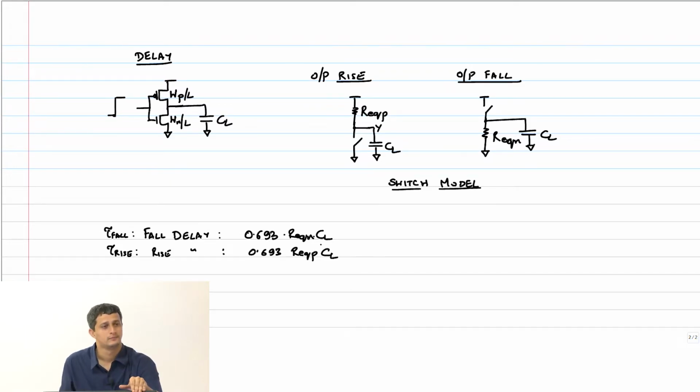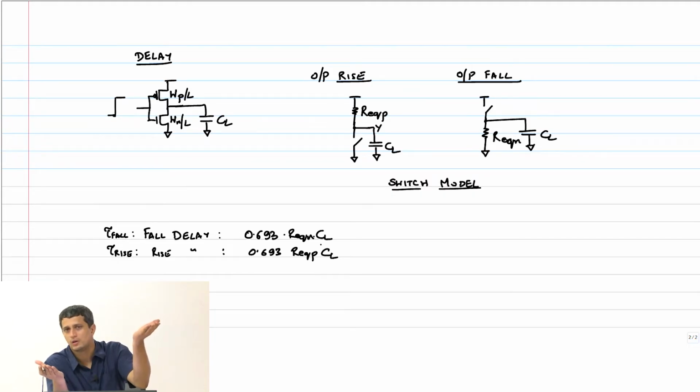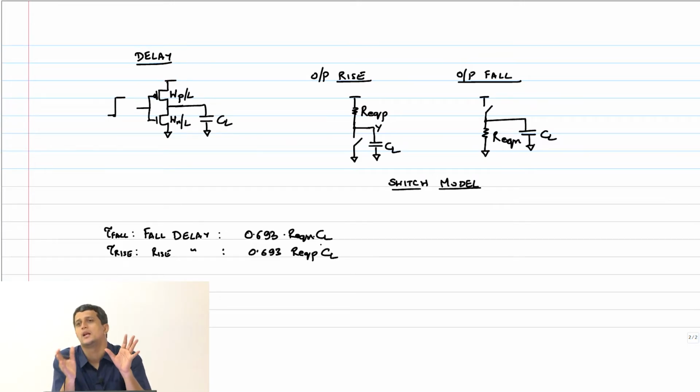Okay. Now there is no reason to make the rise delay less than the fall delay, because in any general circuit both edges are equally important for me. When the input rises, I want the output to fall. When the input falls, I want the output to rise, but both should happen quickly enough.